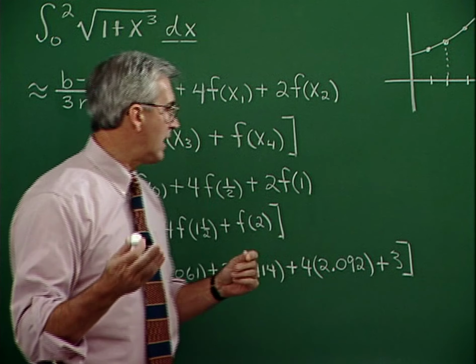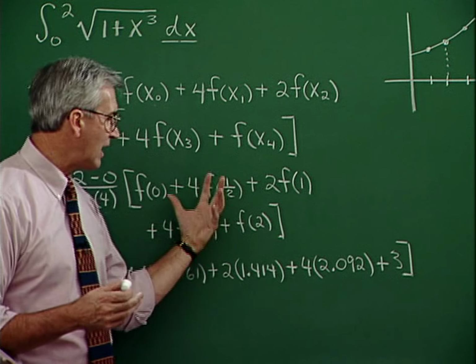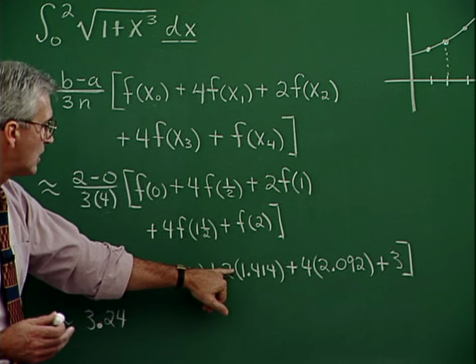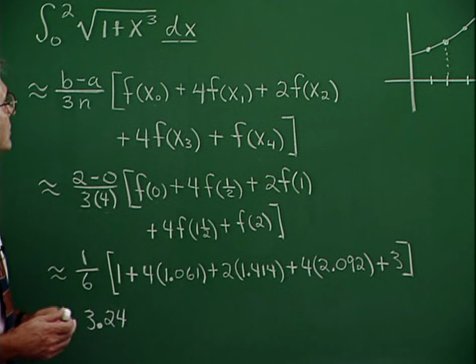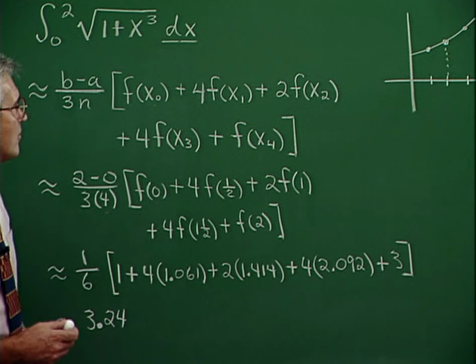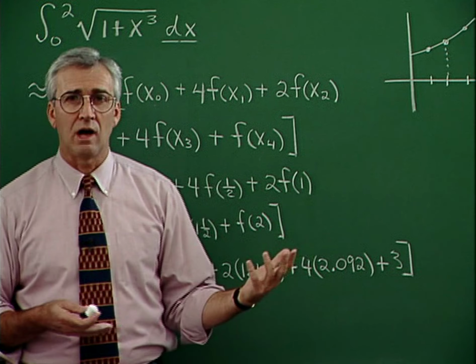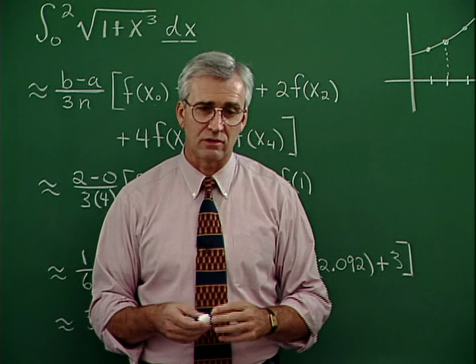And notice that I only carried the calculation of f of these values out to 3 decimal places, when in fact they could have been carried out to more decimal places if I cared to do that. But certainly if I were doing this by hand 20 years ago, I would only carry that calculation out to several decimal places.